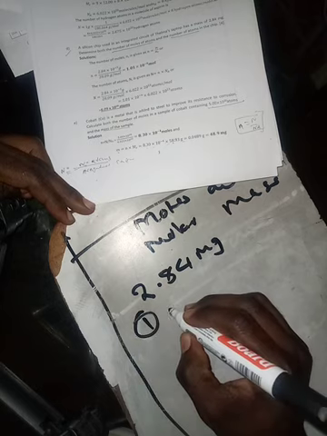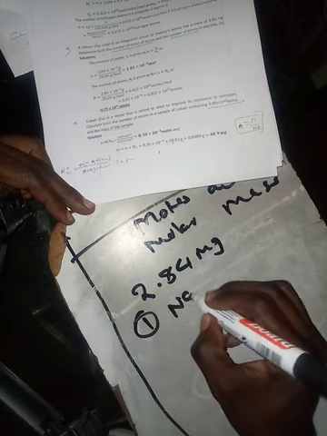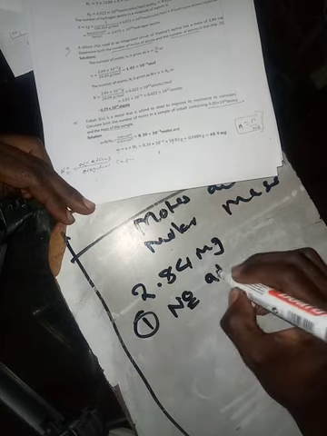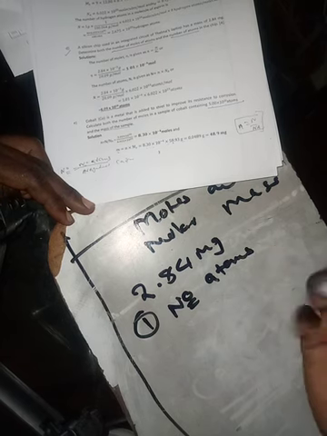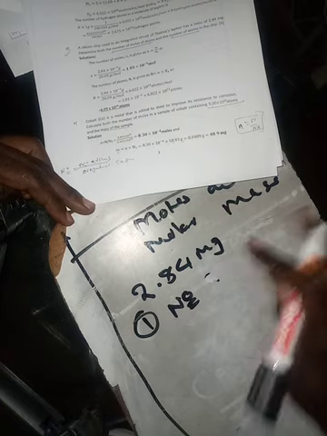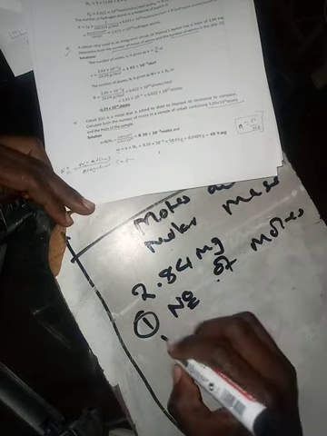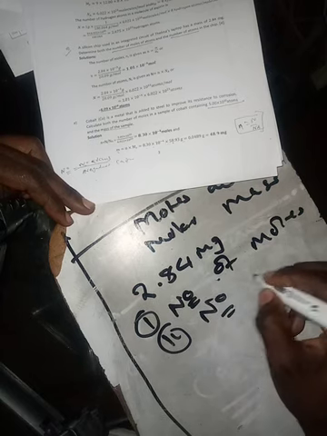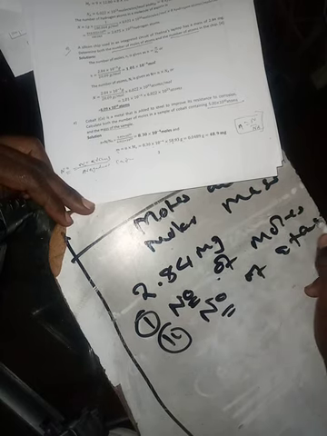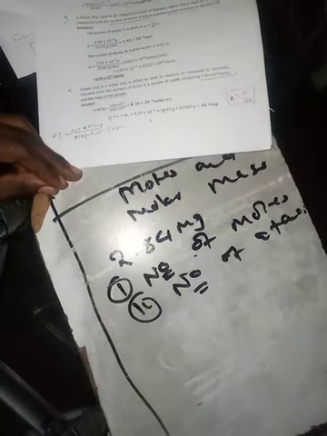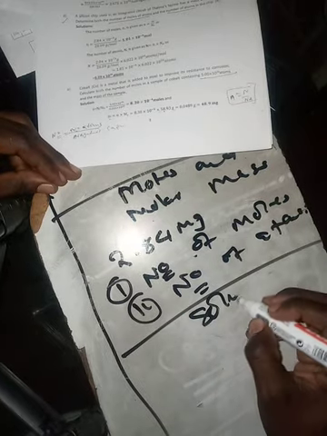So here they are looking for you to find the number of moles first, then number two, the number of atoms. Simple stuff.